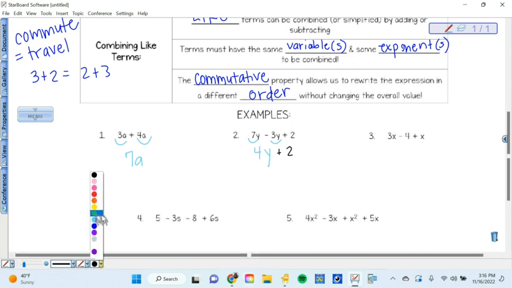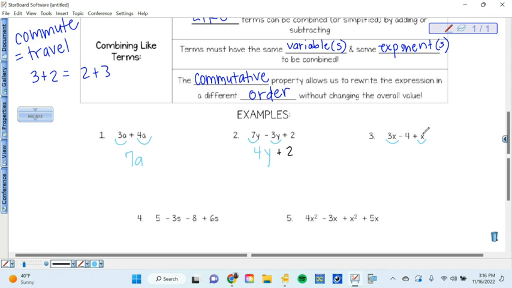Number 3, what are my like terms? Is that 4x? I can't add that 4 with the 3x and the x.